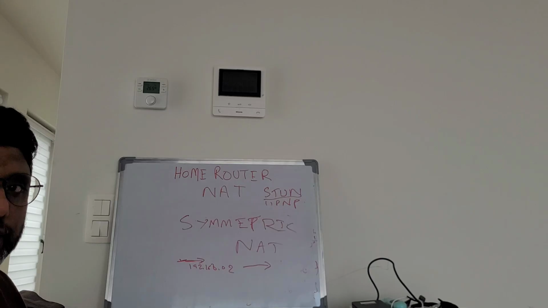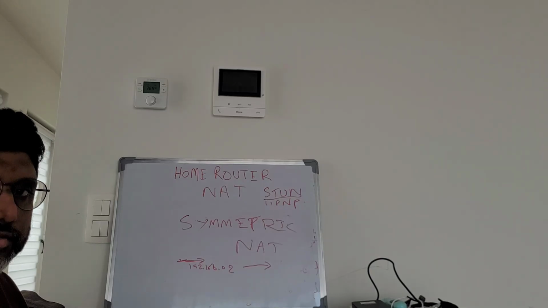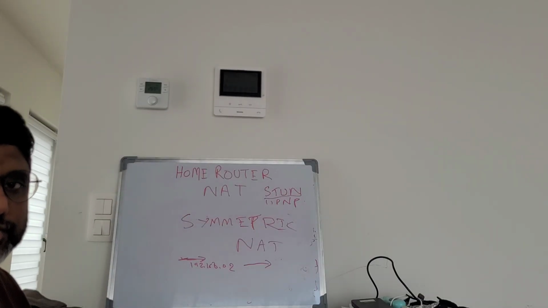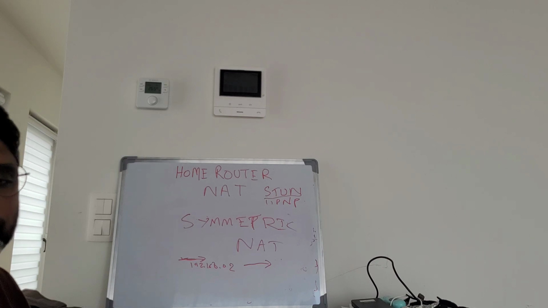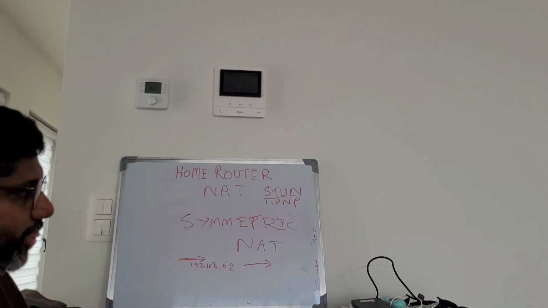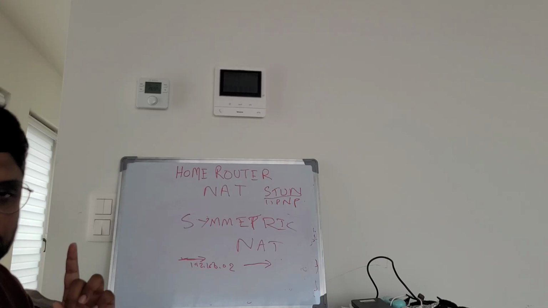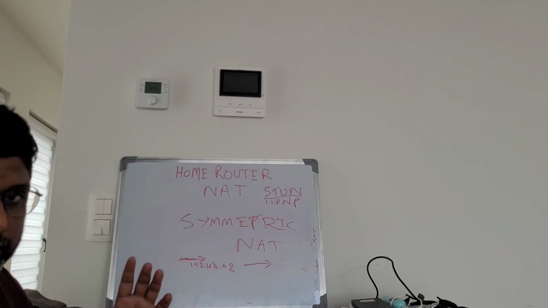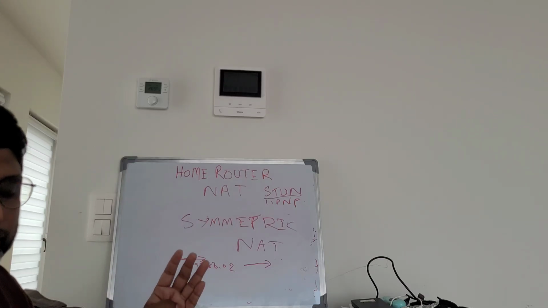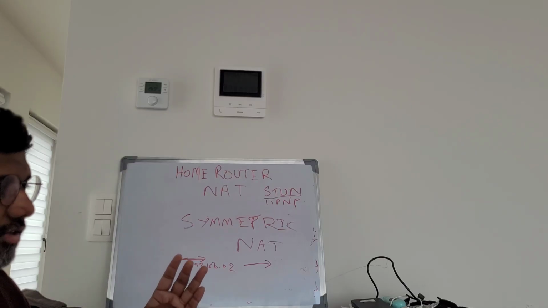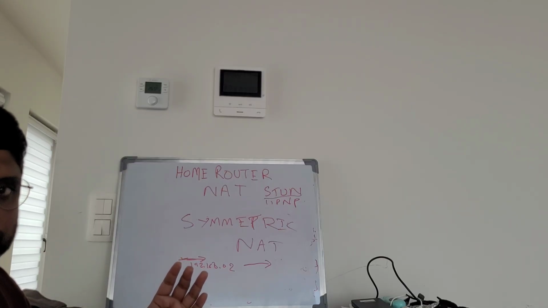So we will dwell deeper by having a practical class on how these NAT sessions create problems or are useful for gaming or voice calls. So to recap, with respect to NAT address translation, you have 4 types. One is static NAT, where there is one-to-one mapping. It will not help in solving the IPv4 depletion problem.